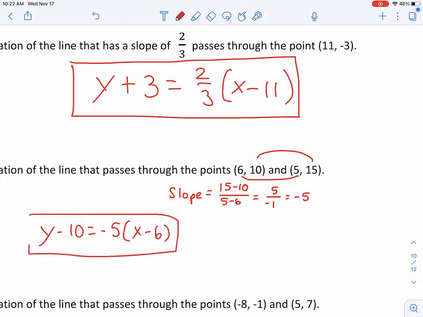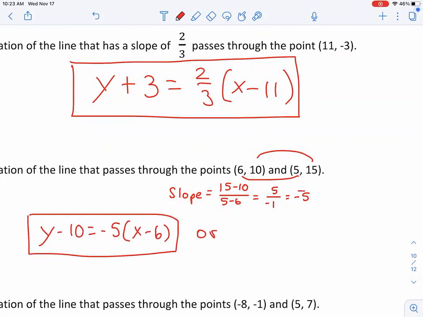Done. Okay, there is another possible answer, but you don't have to write both of them. So if you wrote y minus 10 equals -5 times x minus 6, you're done, move on.